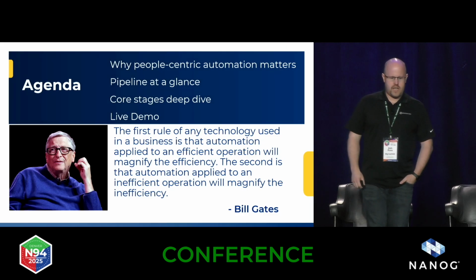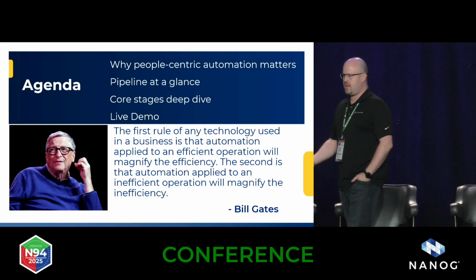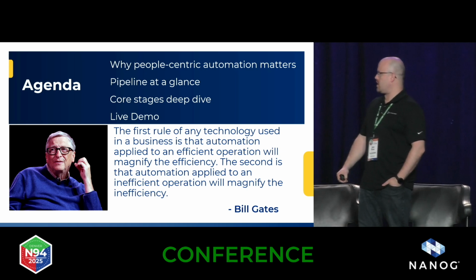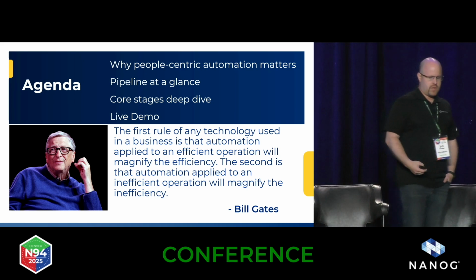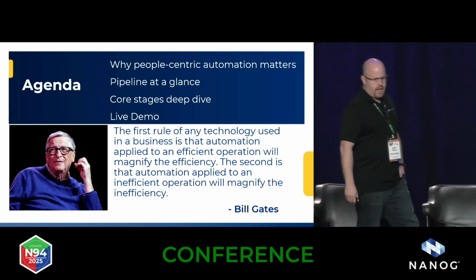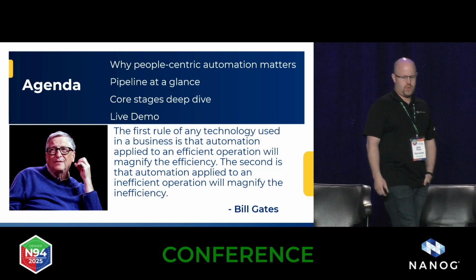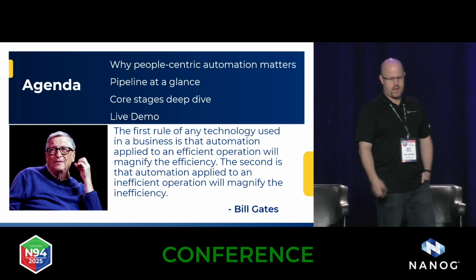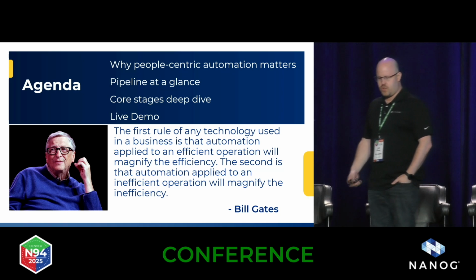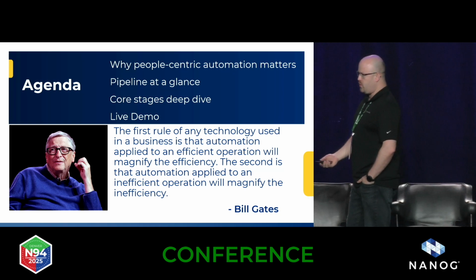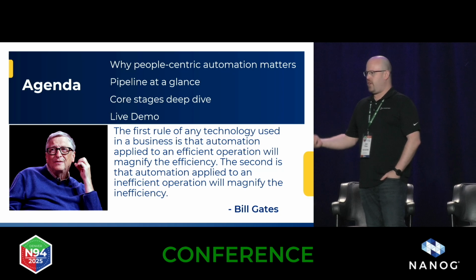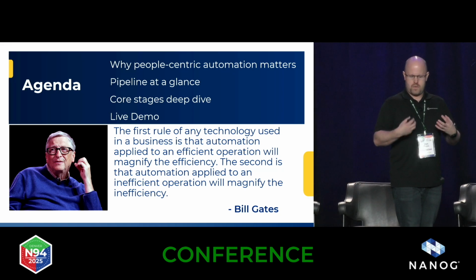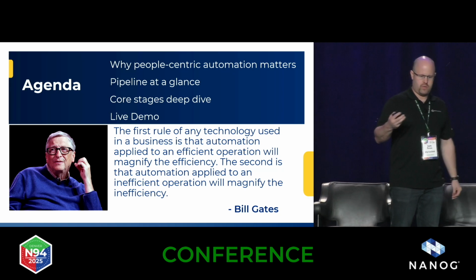So what we're going to do today is talk a little bit about people-centric automation. We're going to talk about what that means to me, what that means in my experience, and how it applies to network automation pipelines. We're going to take a visual journey through what this pipeline looks like from the requester perspective all the way through fulfillment.